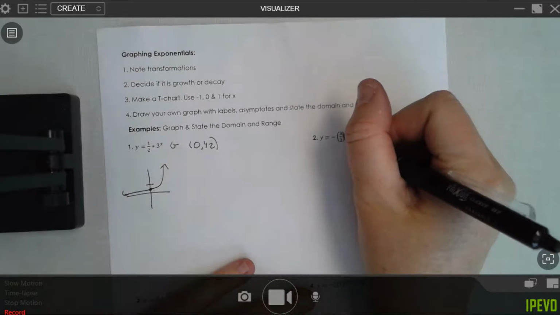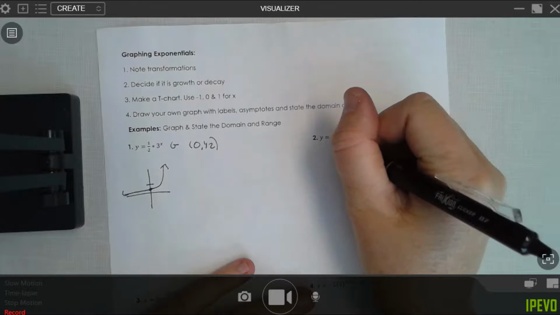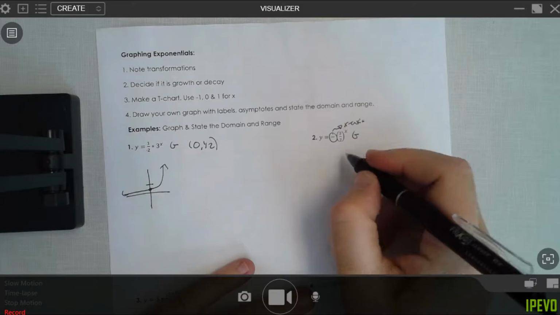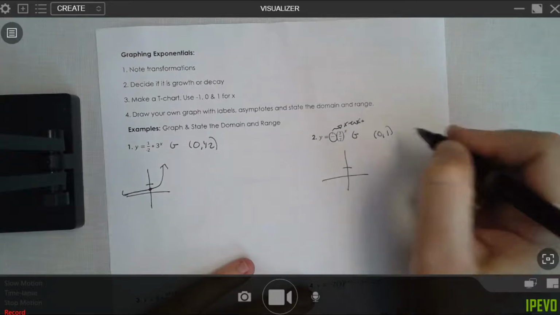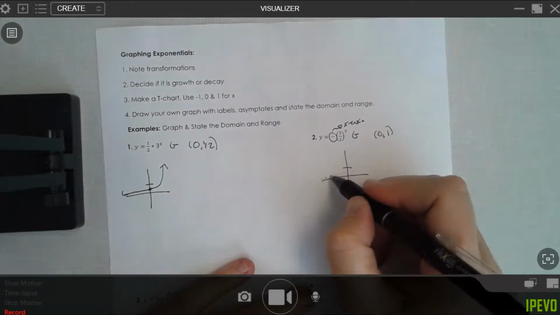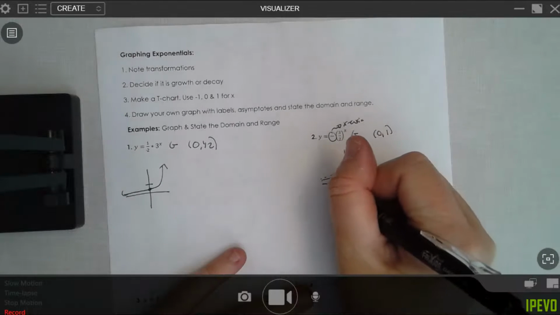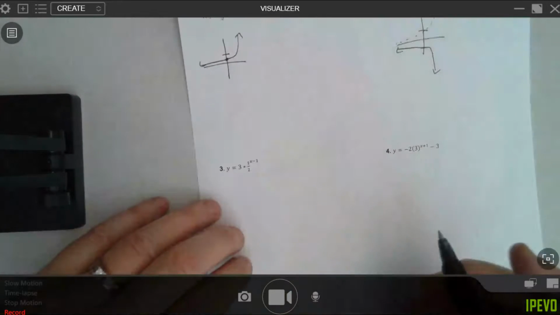This right here is a growth because 3/2 is actually bigger than 1. So it's a growth, and that is a reflection over your x-axis. The y-intercept is 1 because there's no number out in front. So originally my graph would have looked like this, but I need to reflect it over the x-axis. So my graph looks like that.